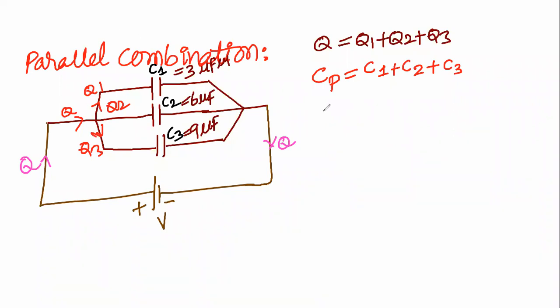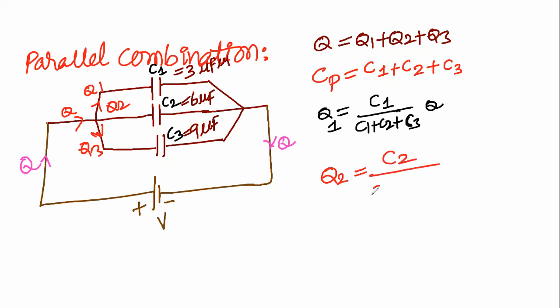Q1 is equal to C1 divided by C1 plus C2 plus C3, into the total charge Q. So if you want the charge Q2, Q2 is equal to C2 divided by C1 plus C2 plus C3, like this.